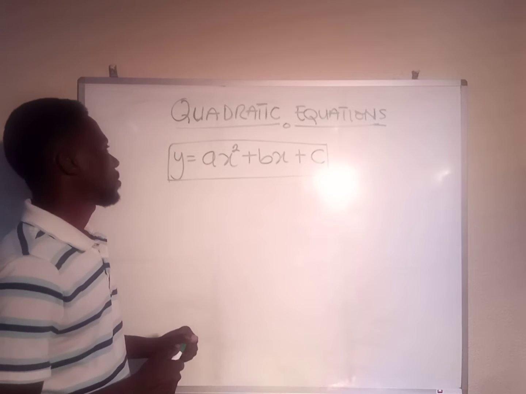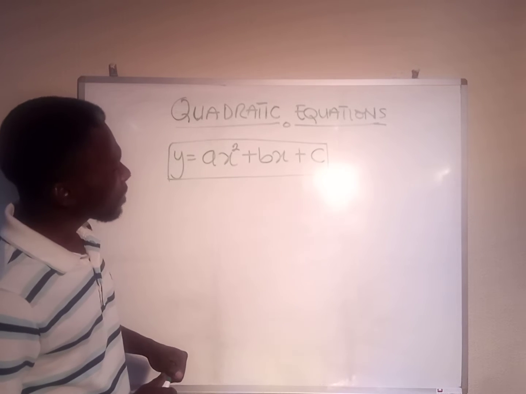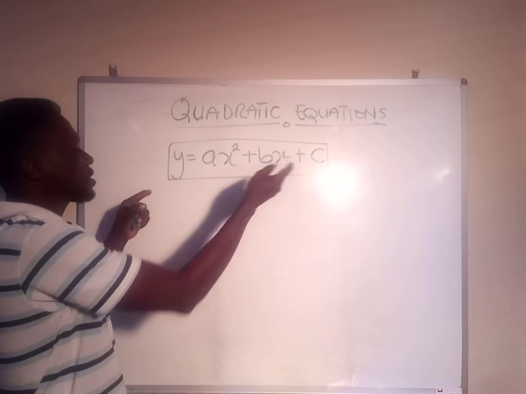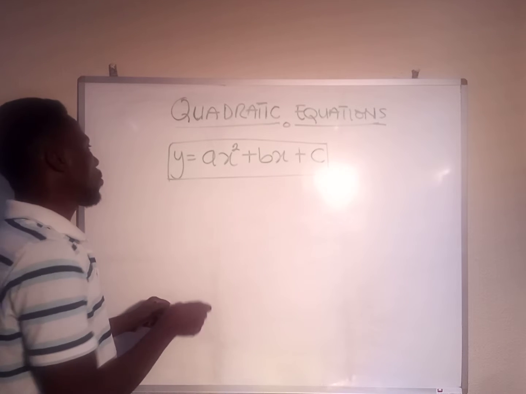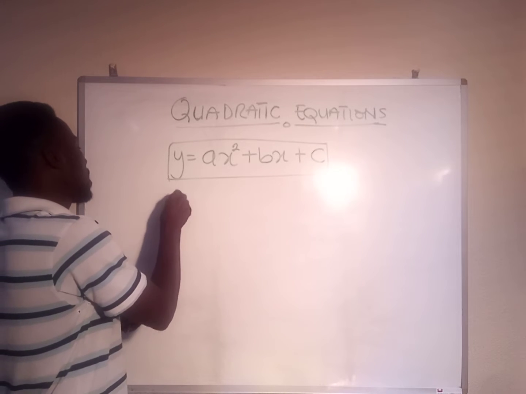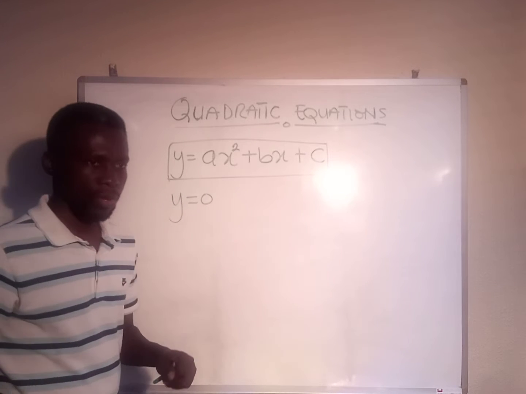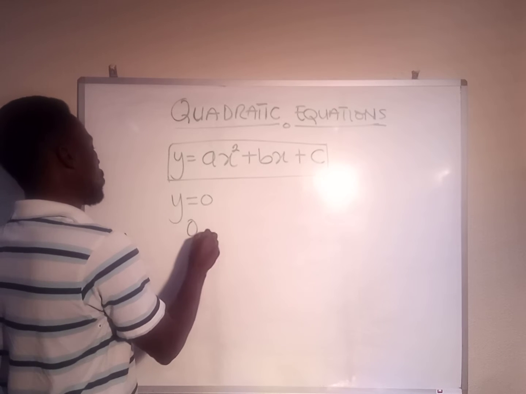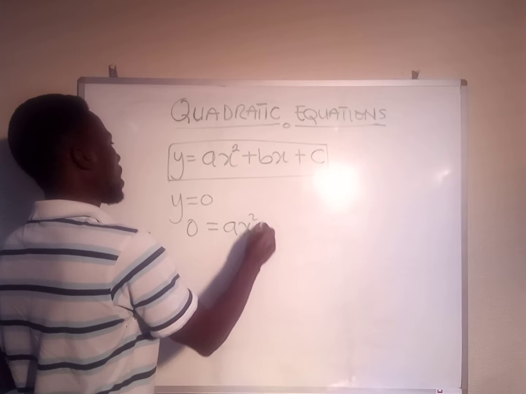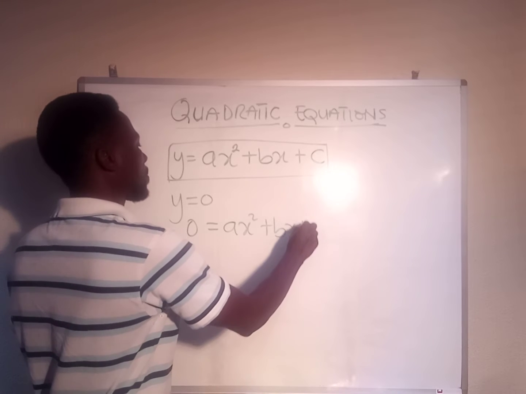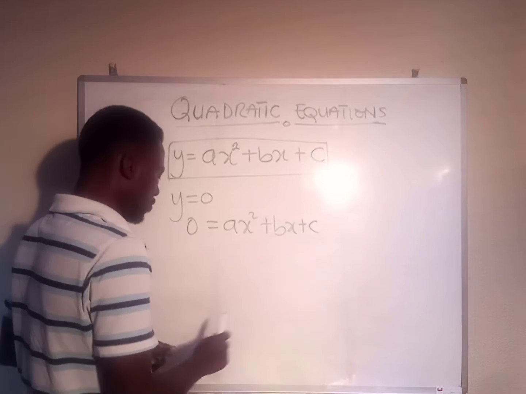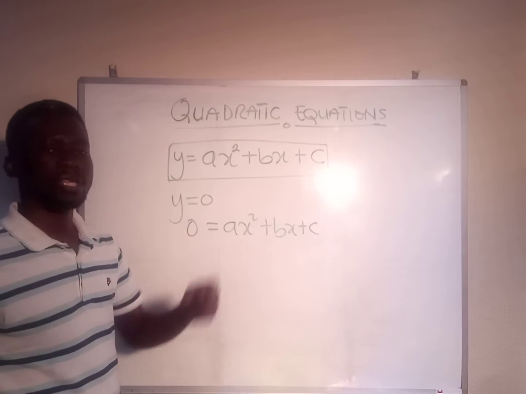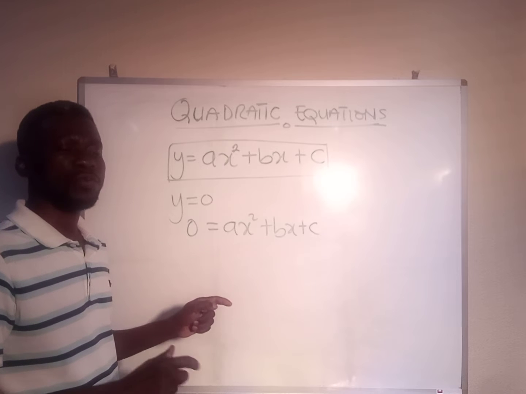Now, for us to solve this equation, we shall say that y is equal to 0. So if y is equal to 0, then we have 0 is equal to ax squared plus bx plus c. It is for this reason that a quadratic equation is always equated to 0.